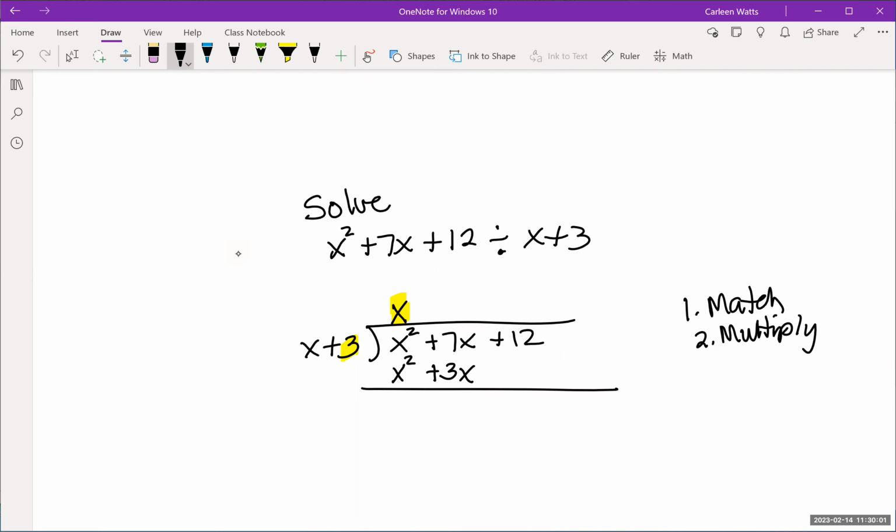Make it match. Multiply. The next step is subtract. With a different color. Distribute the negative all the way across. X squared minus x squared, bam, disappears. 7x minus 3x is 4x.